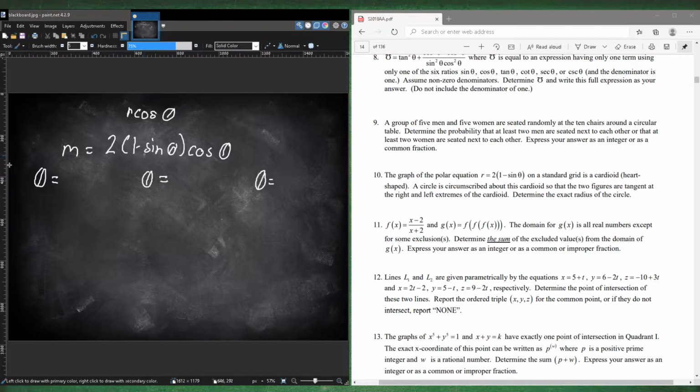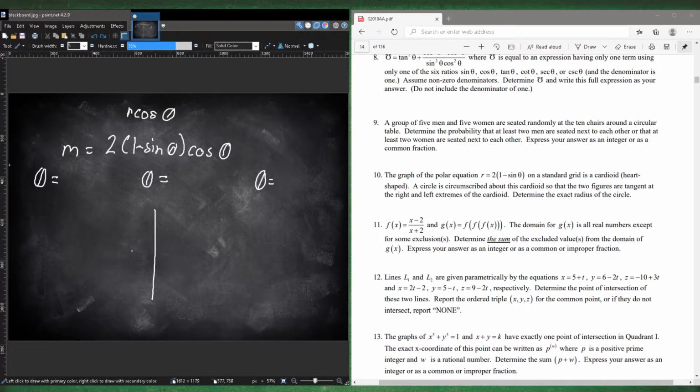But we also have to think about this logically, because if sine of theta is negative, 1 minus a negative is equal to a positive. So we could make sine negative and cosine positive. To maximize m, we're working for a negative sine and a positive cosine, which means we're in the fourth quadrant.